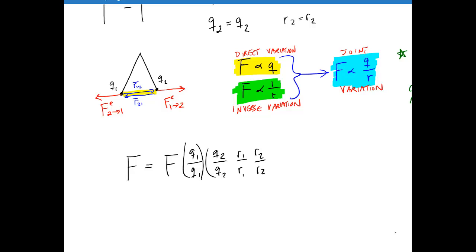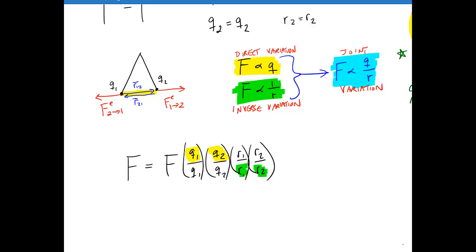And so we have all of these factors here. But what we want to do is take notice of what is in direct proportionality with force. We know that charge is in direct proportionality with the force value, and we know that distance is in inverse proportionality to the force.